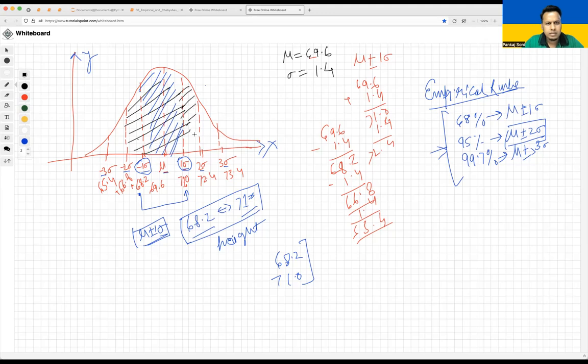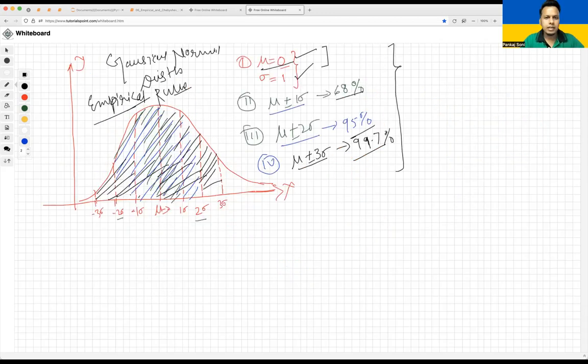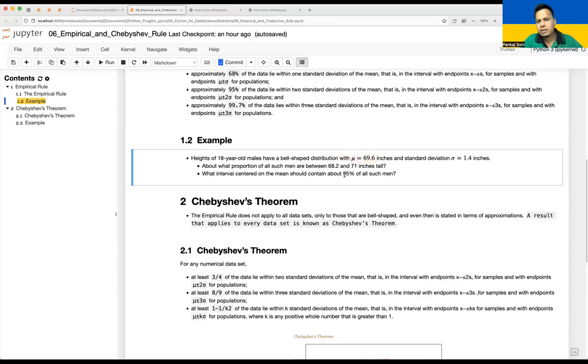Basically, 95% of male candidates, the population or sample, fall between 66.8 and 72.4. That is the answer for the next question. That is the interval within which 95% fall.